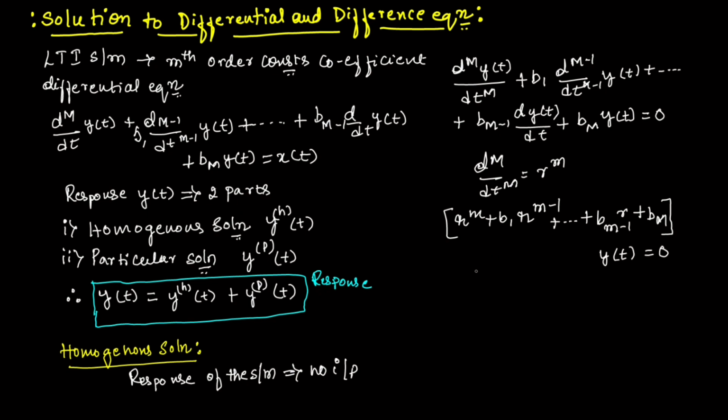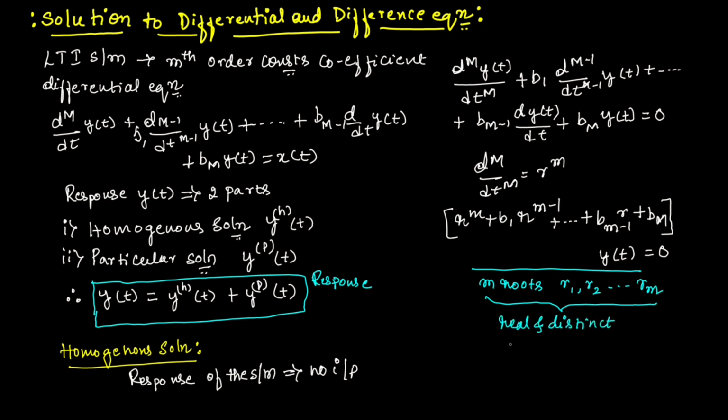Once we find this equation, we can find the m roots of the above equation, which can be r1, r2 and so on up to rm. These roots of the characteristic polynomial can be real and distinct, or repeated roots, or complex roots. Now let us take the roots and their homogeneous solution.